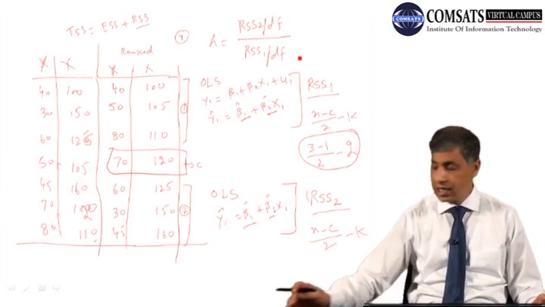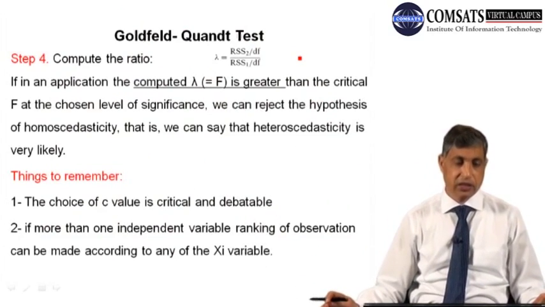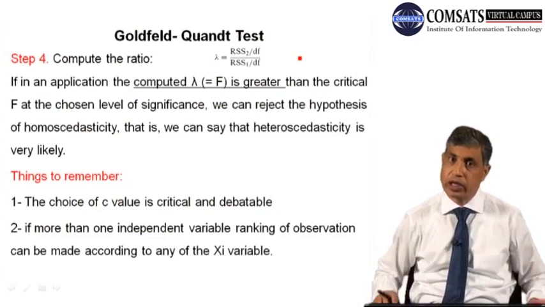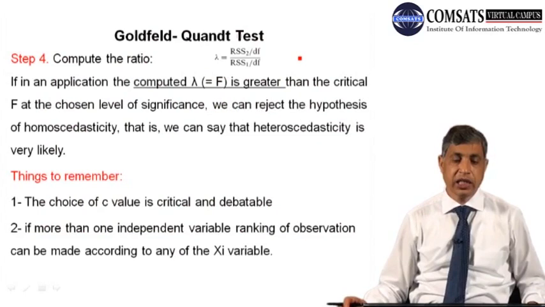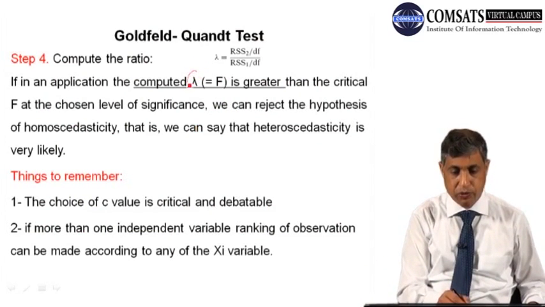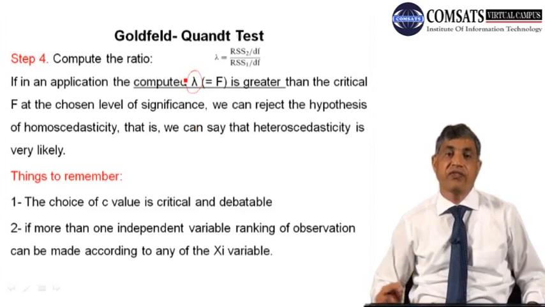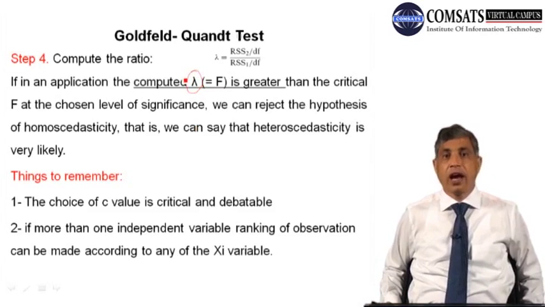Now we are at the end of this test. Now we have calculated this, and there is a value of lambda. The computed lambda, look at this, is equal to F. F is a test and it has a distribution.